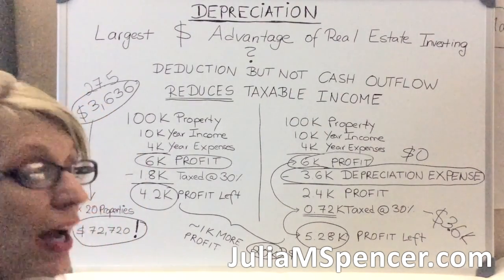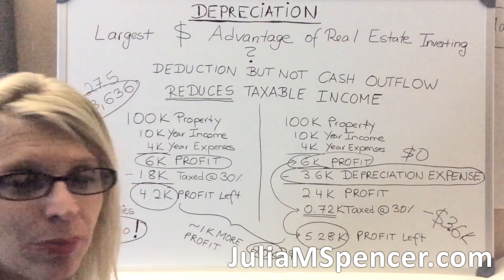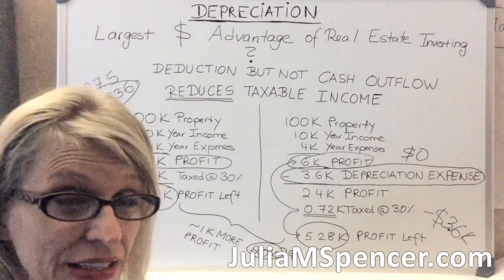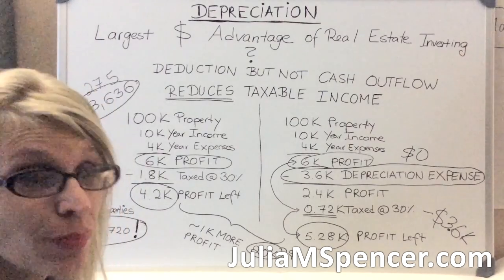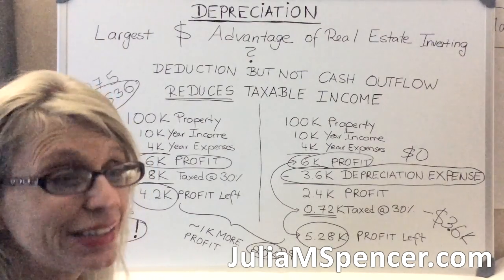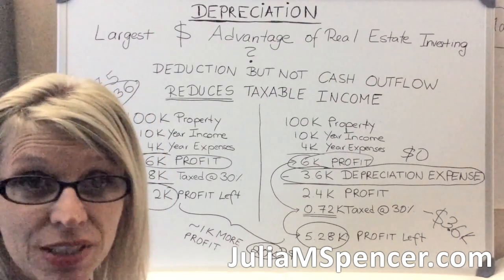For example, I have a very good friend that typically pays anywhere between $20,000 and $70,000 a year in taxes. That's money he has to bring to the IRS at the end of each tax return because he generates so much income with his business.